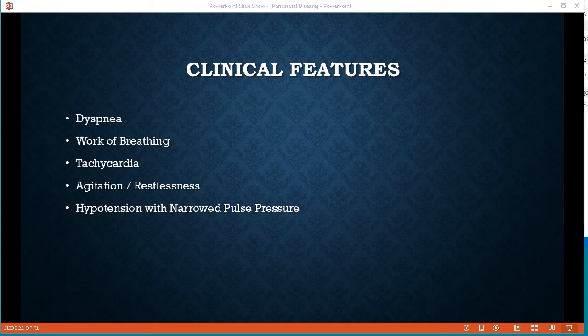And then another telltale sign is that they can develop hypotension. Now, again, diastolic pressure is going to be reflective of what's going on in diastole. So if you think of somebody having an elevated pressure in diastole because of this fluid buildup on the heart, they can actually have a narrowed pulse pressure. It's not that uncommon to find that.